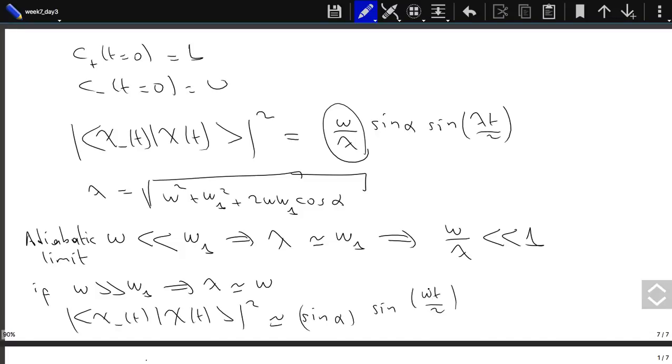Well, basically, this states that things don't change. You see, this chi minus of t is the eigenvalue pointing in the opposite direction to the magnetic field. So that is changing very fast. So chi of t basically doesn't change. So this is the statement.